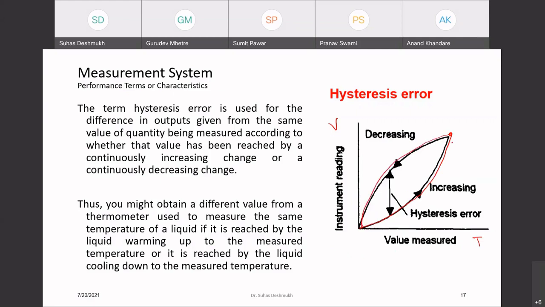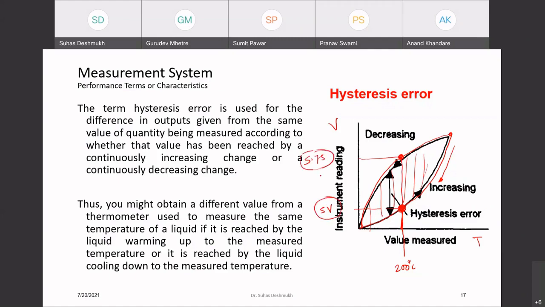But actually it should follow the same path, and it is not. The gap between these two is called hysteresis. If I'm going in the forward direction, just take an example, at 200 degrees Celsius, I received the voltage maybe 5 volts. And in the reverse path, I got the voltage maybe 5.75 volts.